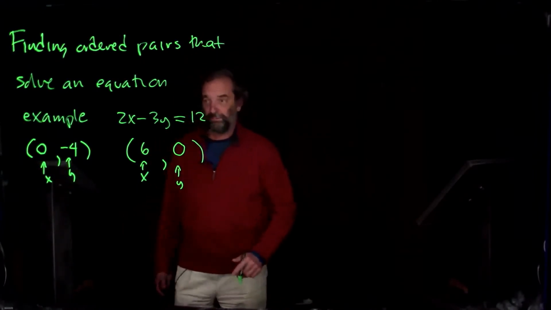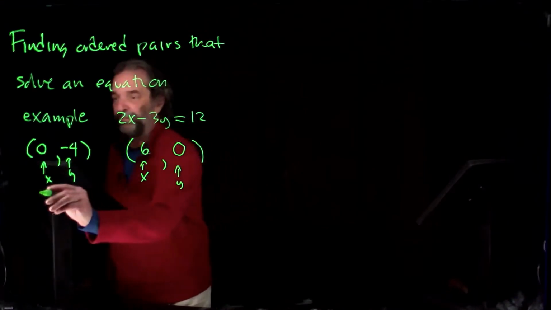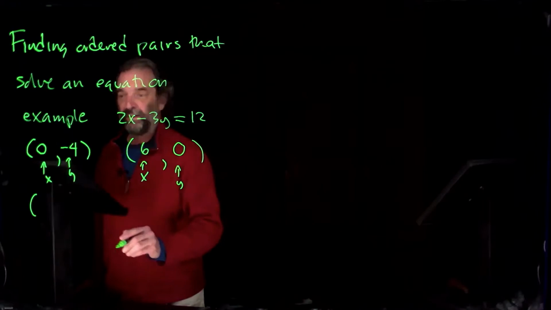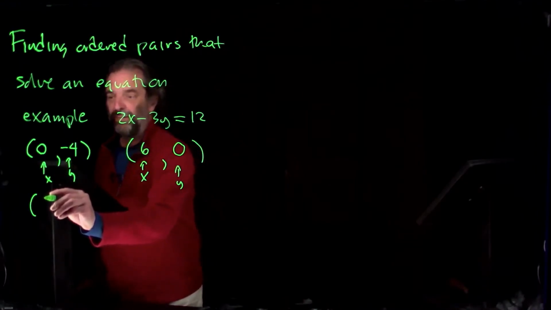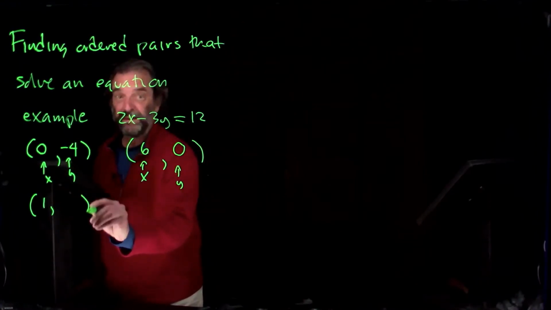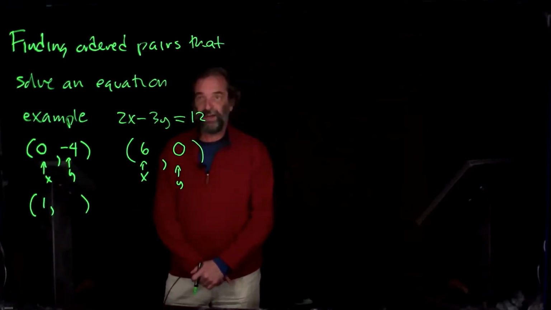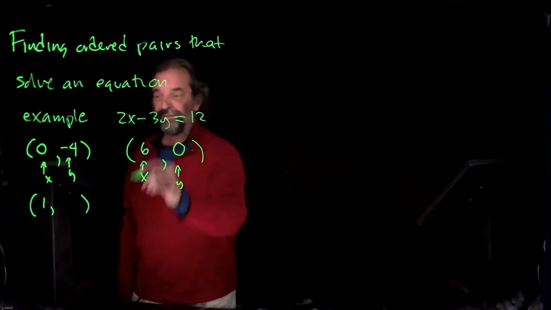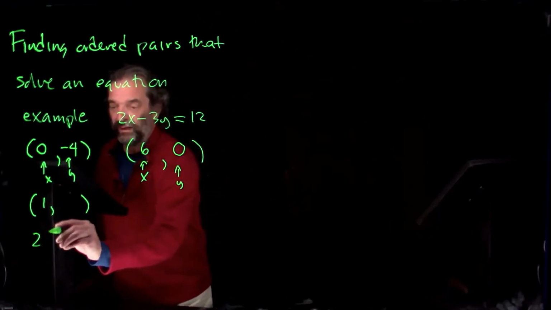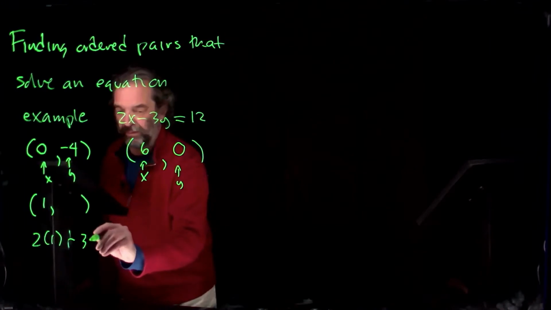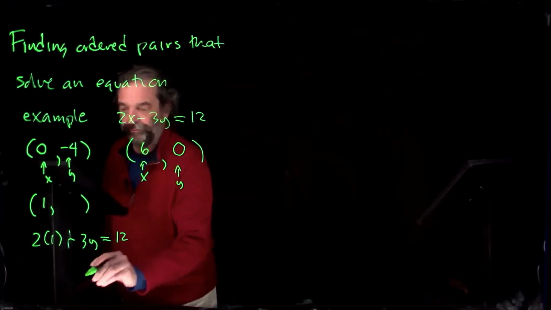And we could just get a little creative. Just probably try a number for x. Something fun, like 1. Then we actually have to solve an equation. So we put 1 in for x. 2 times 1, well, it's minus 3y is 12.